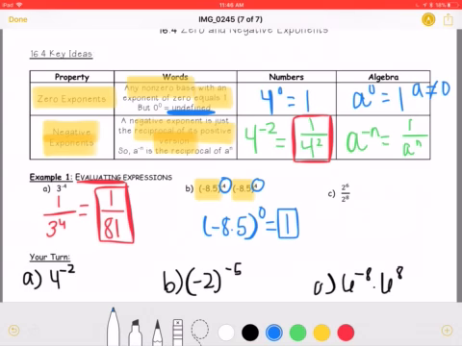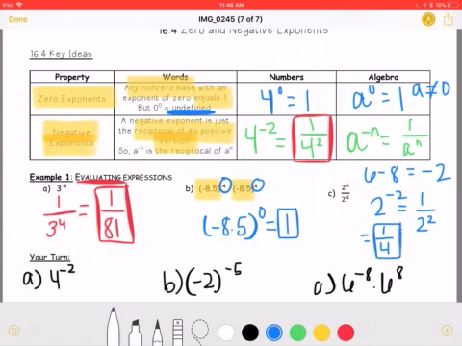Our last one, I see quotient of powers, which means we subtract our powers. We're doing 6 minus 8, so it's okay to get a negative power now. So I have 2 to the negative 2, but I'm not done because I'm trying to evaluate it. I don't want a negative power, so let's rewrite it in its positive form. And now do 2 times 2, you get 1/4.